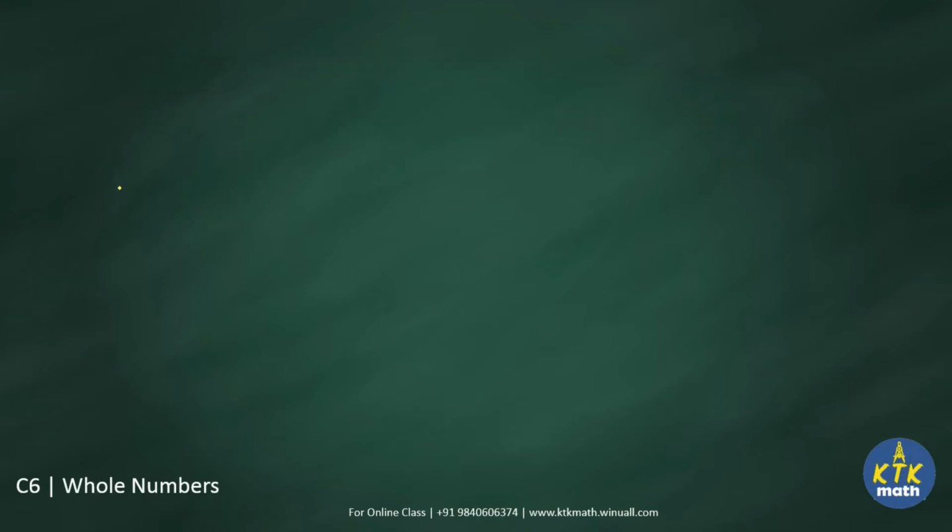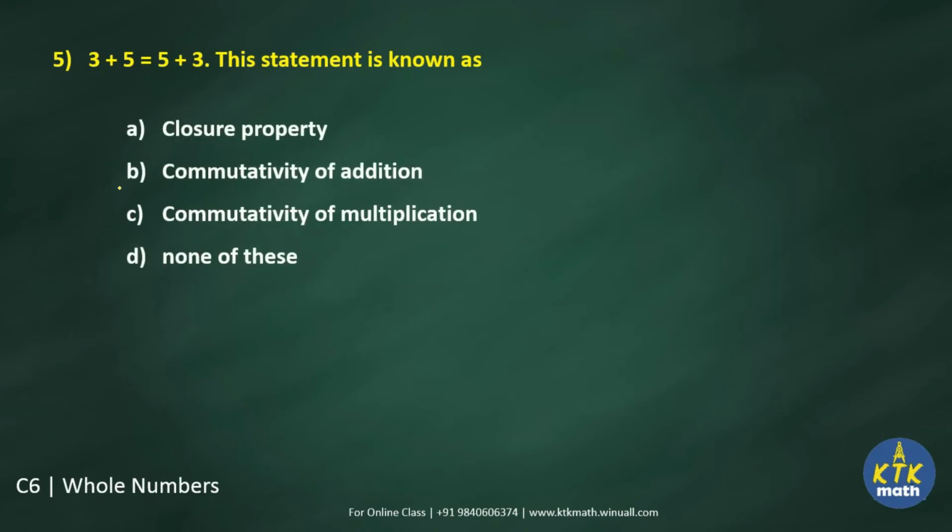Now question number 5. 3 plus 5 equal to 5 plus 3. This statement is known as what property? I hope you have some basic knowledge about properties of whole numbers. We have a few properties like closure, commutative, associative, distributive, identity and so on. Here in this statement, 2 numbers are added and then added again in reverse.